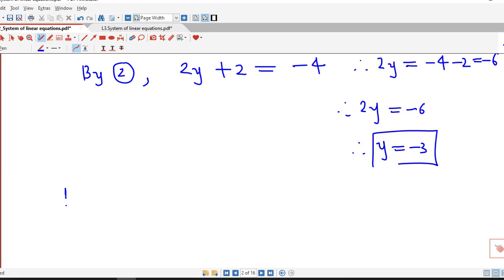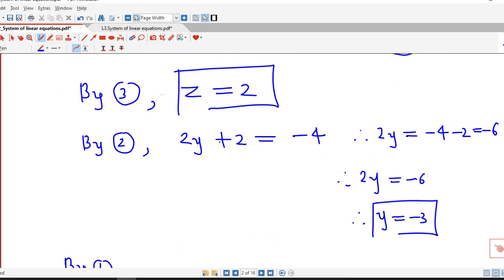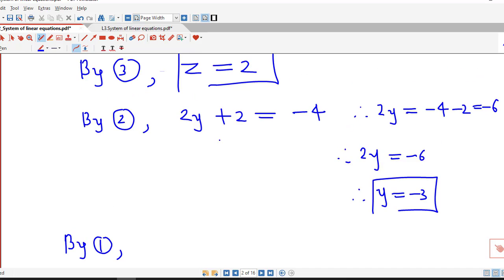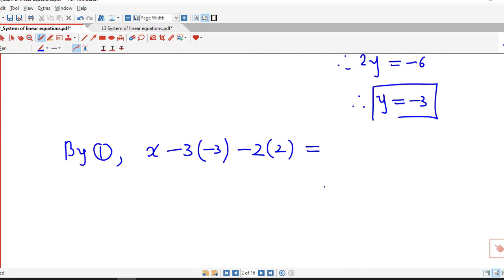And we substitute values of y and z in equation number 1. So equation 1 is x minus 3y minus 2z. X minus 3 into y, y is minus 3, minus 2 into z, which is 2, equal to 6.